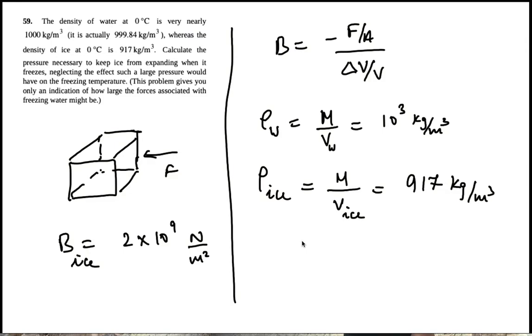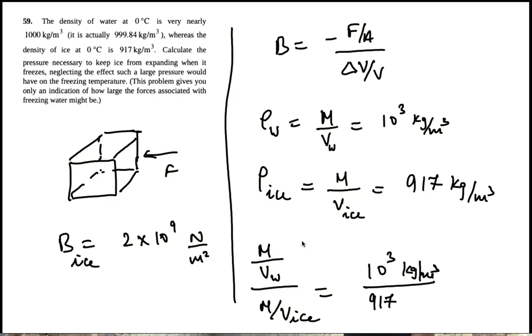So M over volume of water, M over volume of ice, and we'll divide these two equations. Volume of ice over volume of water is 1000 kg per meter cube divided by 917 kg per meter cube, and that is equal to 1.09.